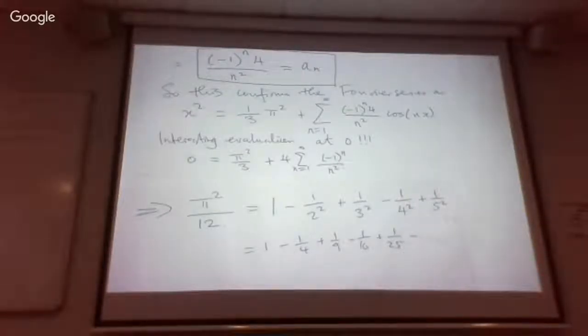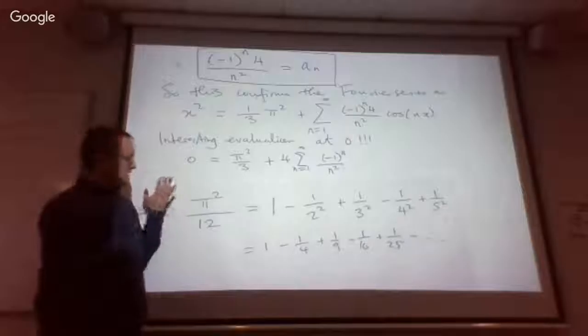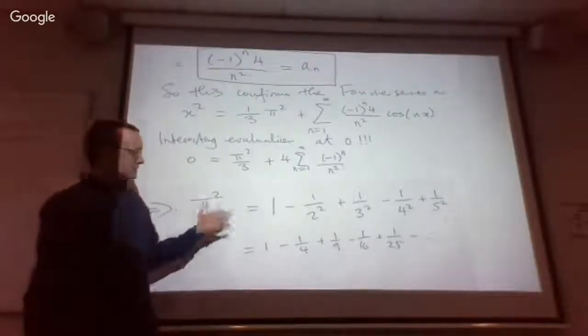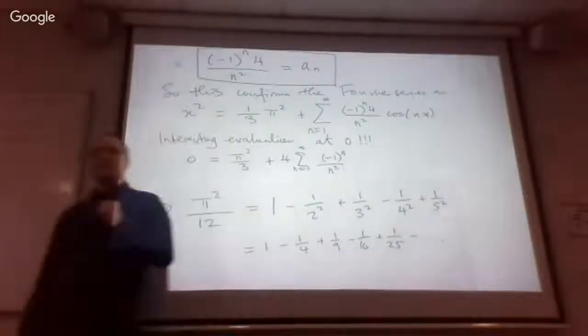Which is again very intriguing to see. Pi squared, remember, is the area of the unit circle. How is it that a 12th of the area of the unit circle is equal to the limit of that series?